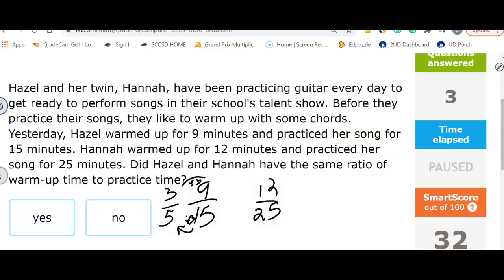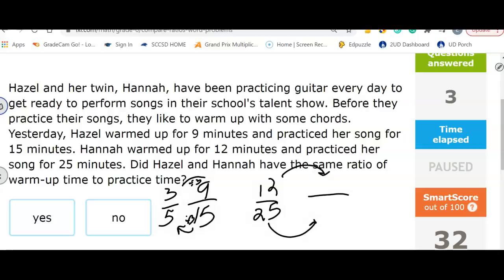Jack. Does 5 go into 12? No. We got whole numbers. Keep with whole numbers, or integers. Okay? So no, it does not. 12/25 is simplest form. So, are these equivalent based off simplest form? No.